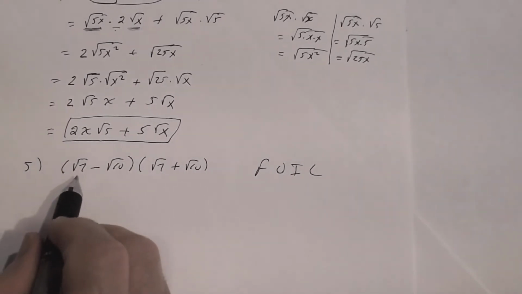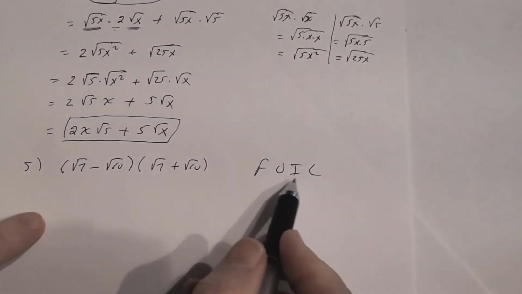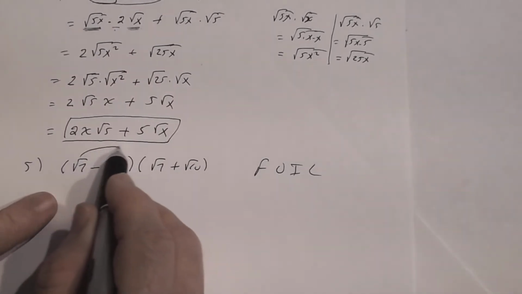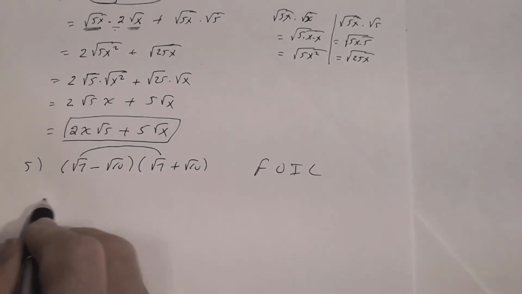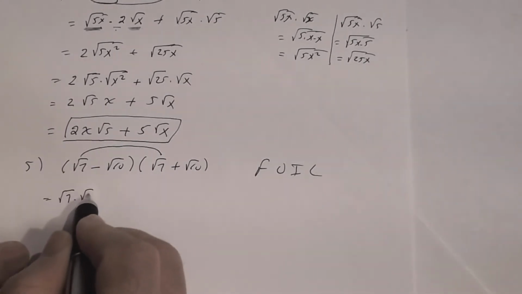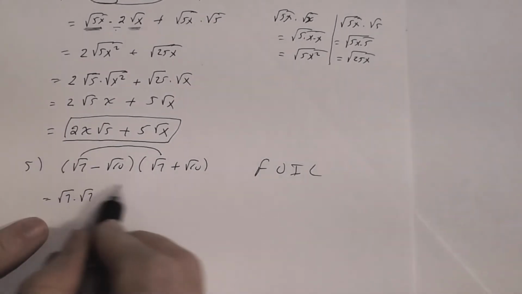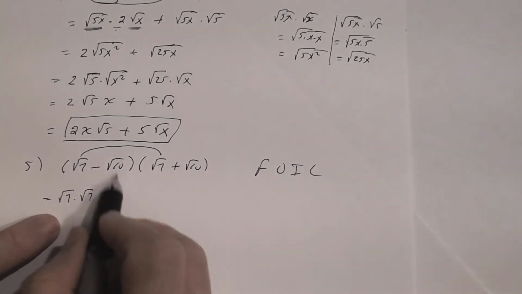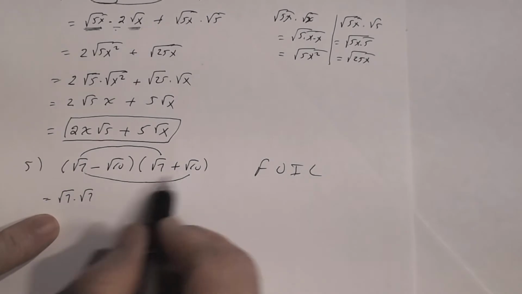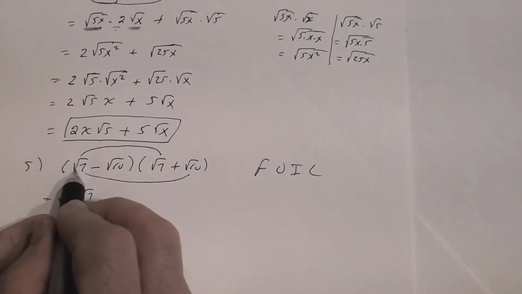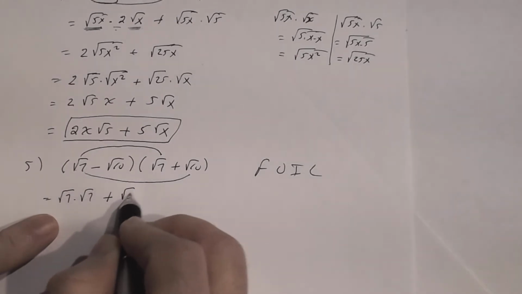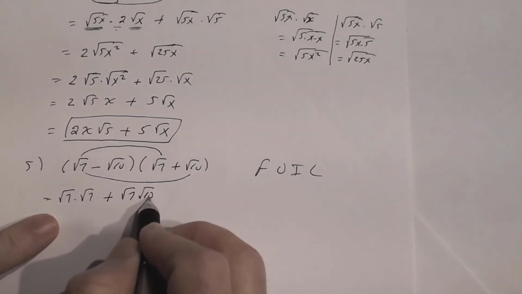Okay, so remember FOIL: first, outer, inner, last. So if you look at the first, just like this, I have the square root of 7 times the square root of 7. Actually write it out. Don't do this in your head. Write it out so you can visually see it. The outer is going to be a square root of 7 times a positive square root of 10, which will be a positive square root of 7 times square root of 10, right?